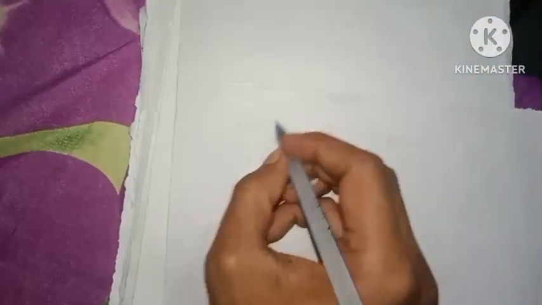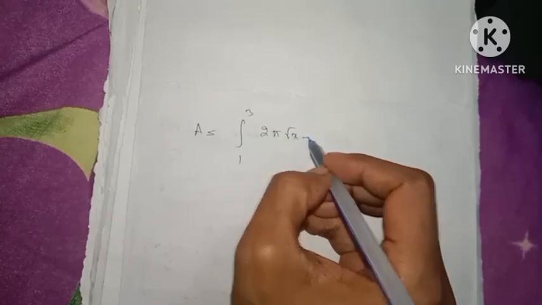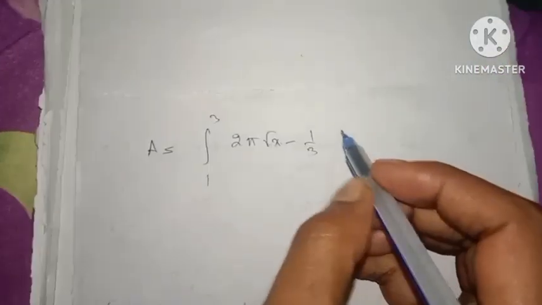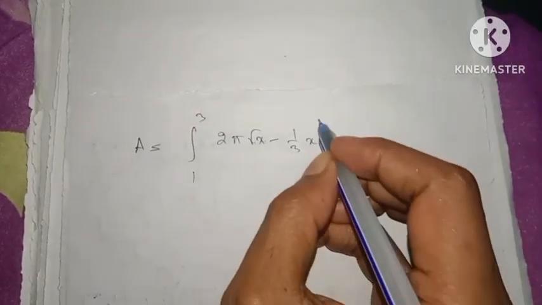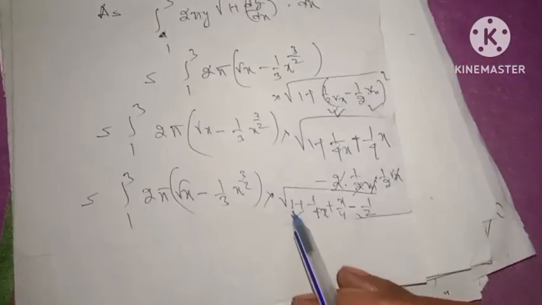So the area equals the integration from 1 to 3 of 2 pi times (root x minus 1 by 3 x to the power 3 by 2) into 1 and minus half.